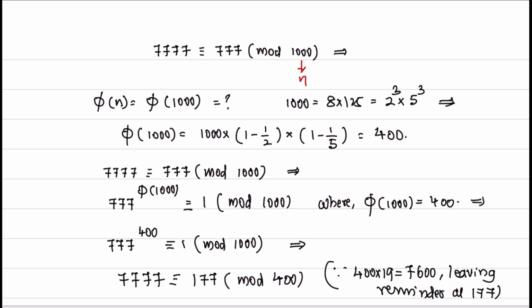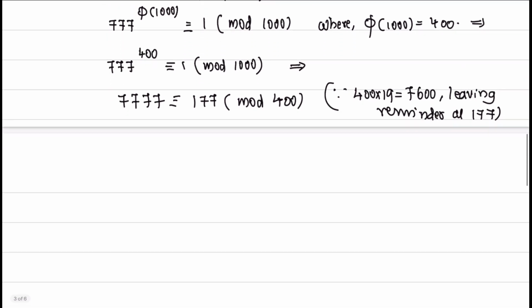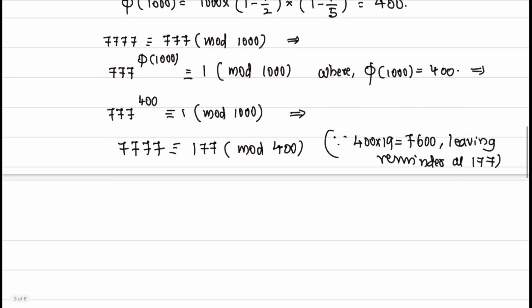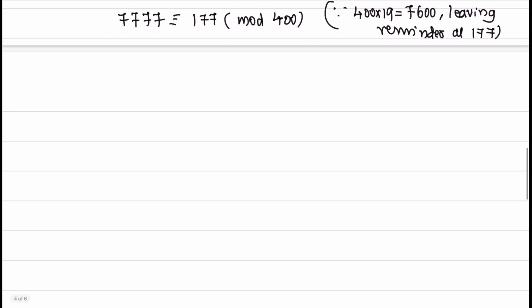Till now we have reduced our calculations from 7777 to the power of 7777 to 777 to the power of 177.